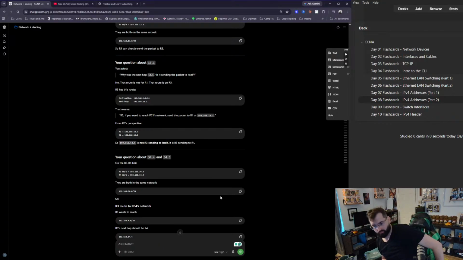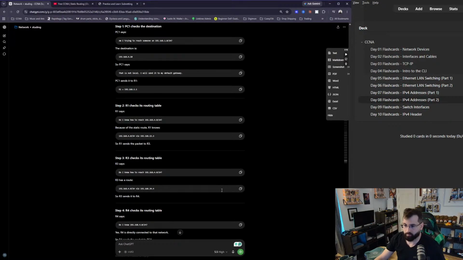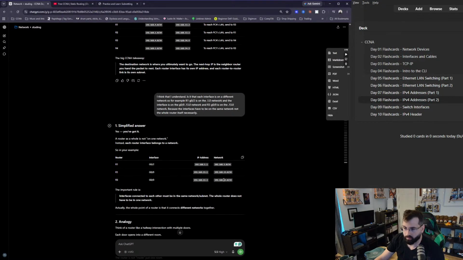Yes, you've got it. The route as a whole is not on one network. Instead, each router interface belongs to a network.